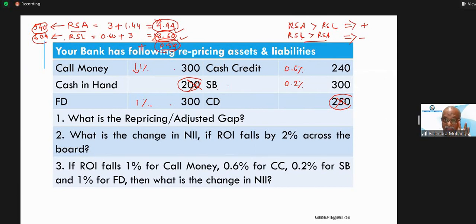RSA फंड कितना अमाउंट है सोचना है. तो RSA का फंड कितना था? 540 था. यस. RSL का 600 था. तो ये दोनों में कौन सा सेटिस्फाई कर रहा है इसको? यहाँ से RSL ज्यादा है या RSA ज्यादा है? RSL.